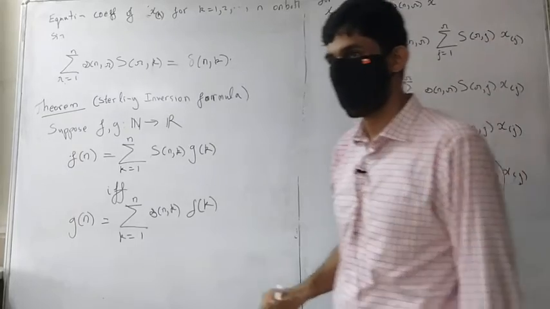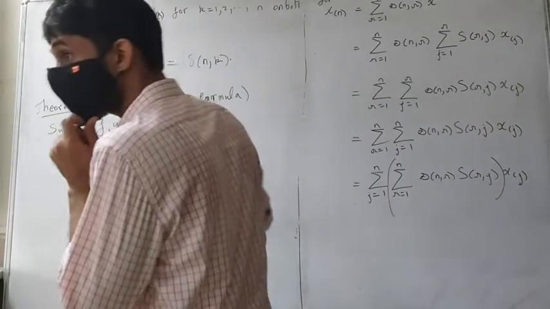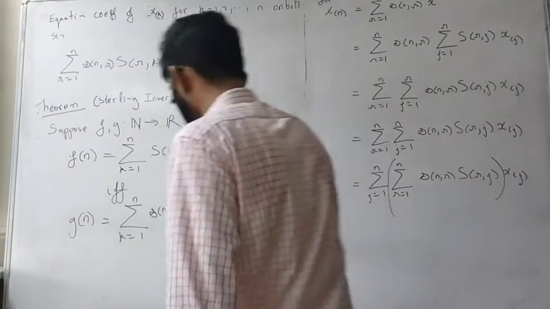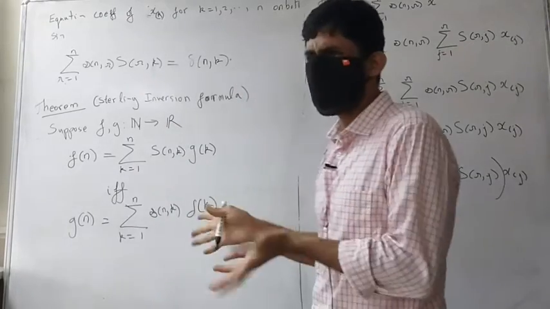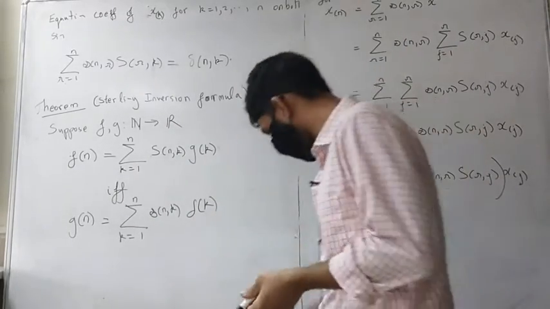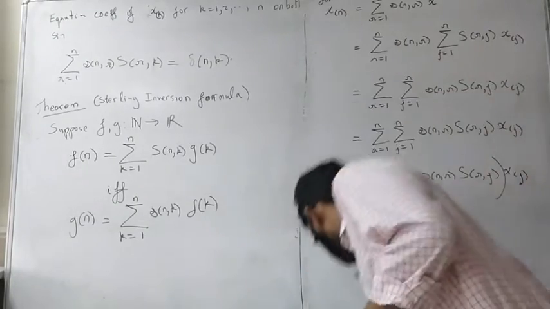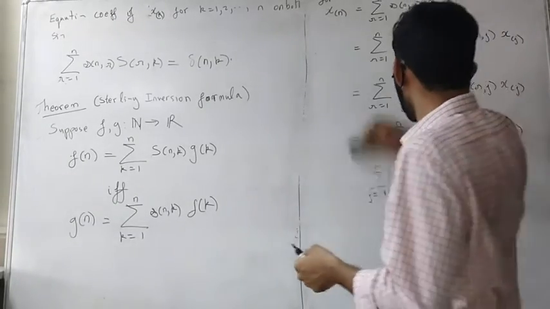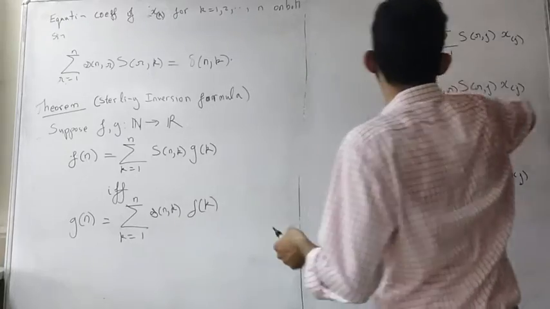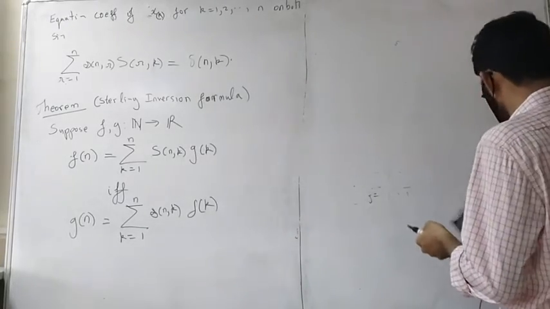Small s n comma k. Okay, if f is related to g in this manner, then g is related to f in this manner. That's what it is. Very simple to prove this. It's not difficult. All these inversion formulas, in fact, follow a similar approach.